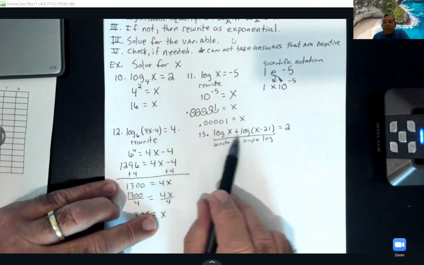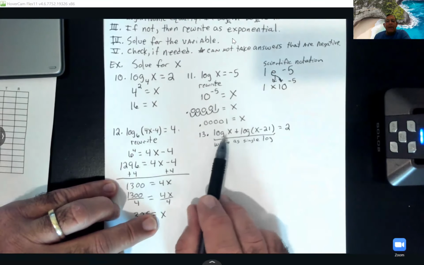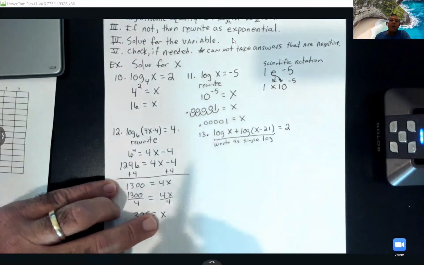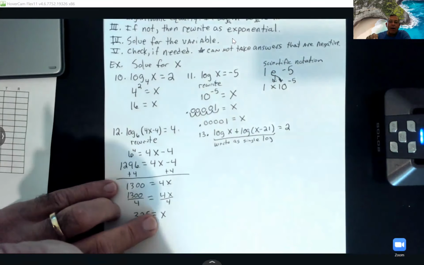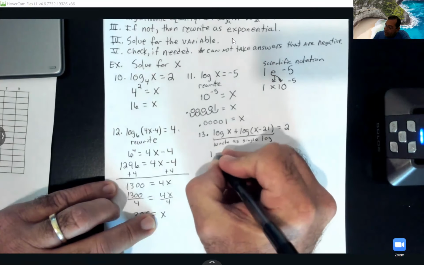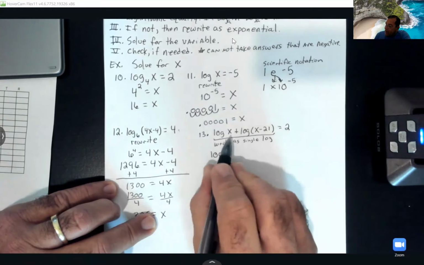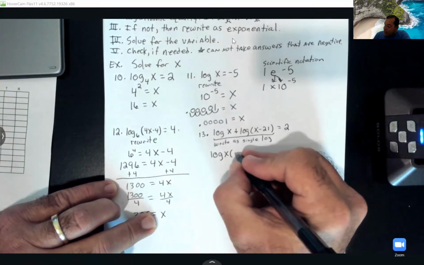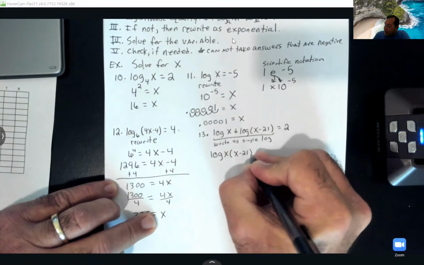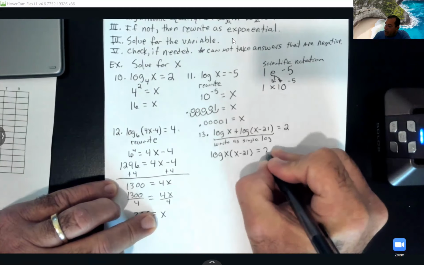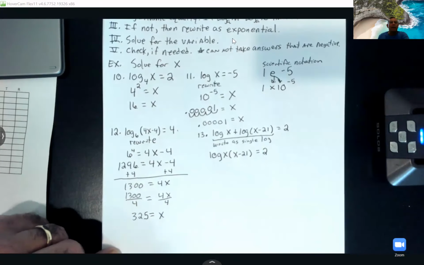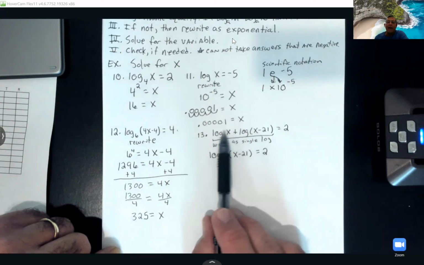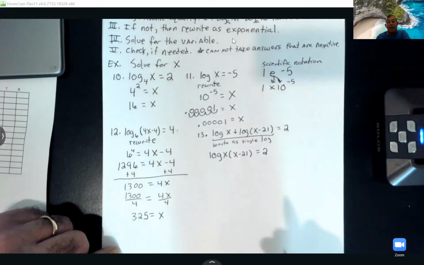So remember, these are being added. So when we write a sum of logs as a single log, we write it as a product. So this log will come out, and then the x will be multiplied by the x minus 21. All of that is going to equal 2. This was the homework y'all did last Thursday when you had to write 2 logs as a single log.